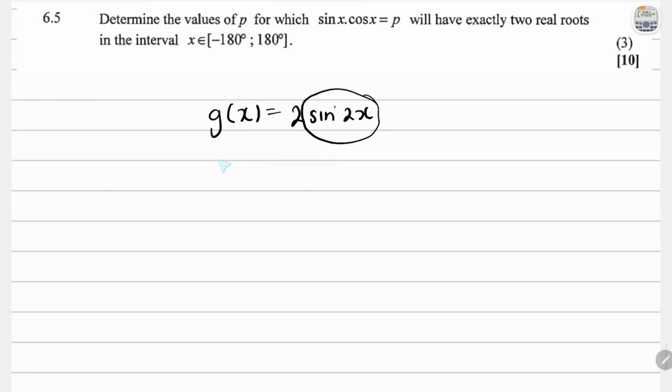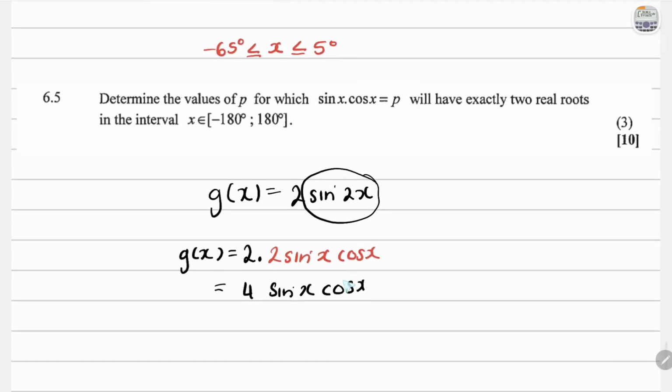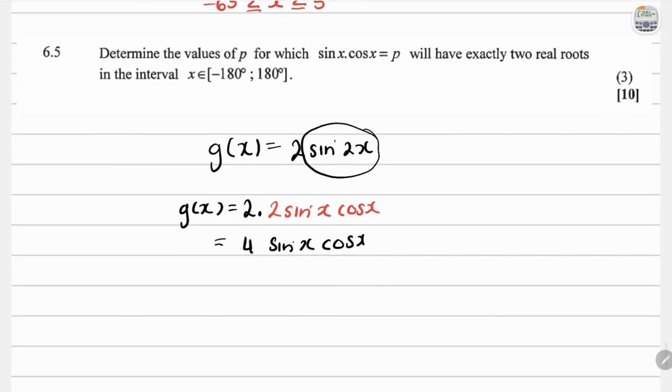We have g of x is equal to 2 first outside, but then the expansion for that is 2 sine x cos x. So do you see now that what we have is 4 sine x cos x? Okay, a lot like what they have, but they have it equal to p.